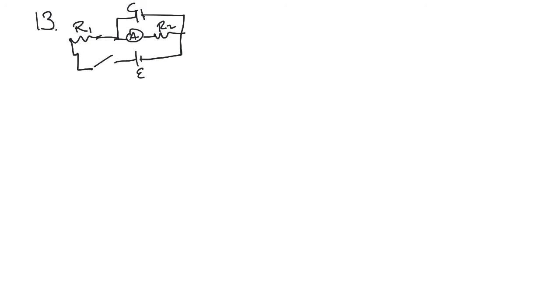So after a long time, what does that mean? So that's the trick, is you really want to redraw these, okay? So after a long time, the capacitor is charged, right? And if the capacitor is charged, that means that there is a break in the circuit.